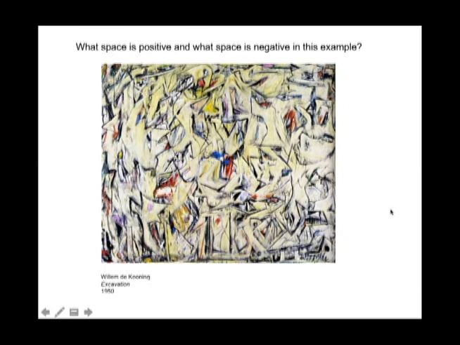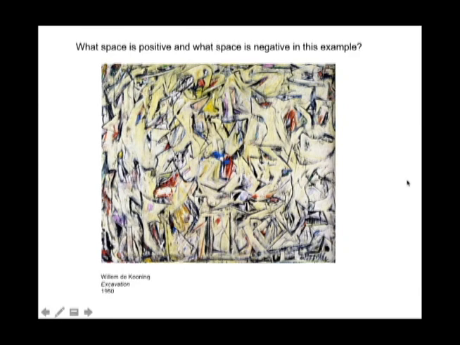In some painting, it can be very difficult to tell what space is positive and what space is negative, and maybe beside the point. So we've talked about the fact that the abstract expressionist painters really tried to eliminate depiction from their paintings and to get your view to kind of stop at the canvas rather than to use the canvas as a window into another world.